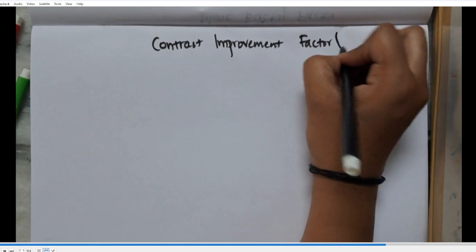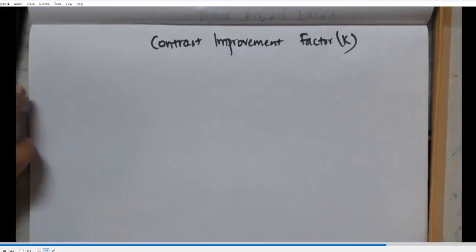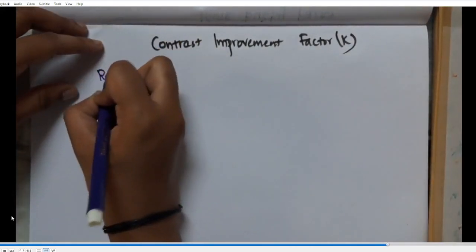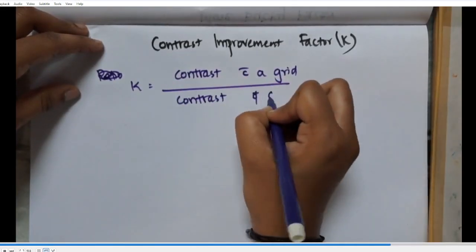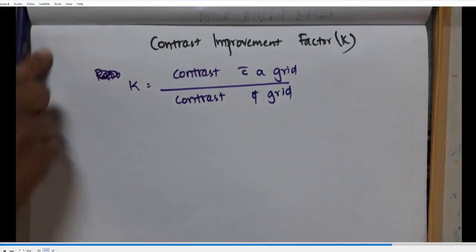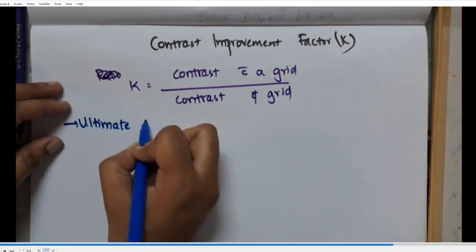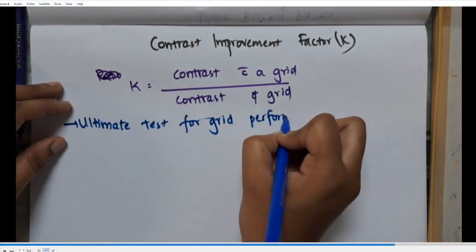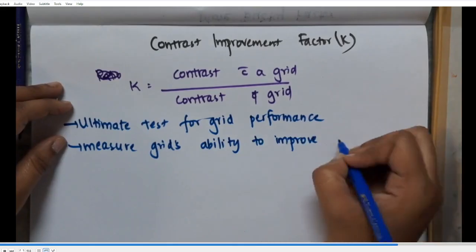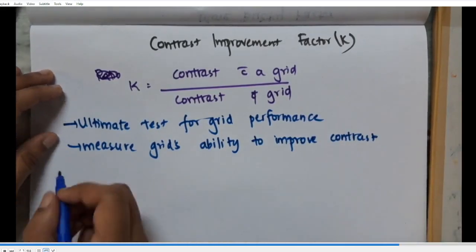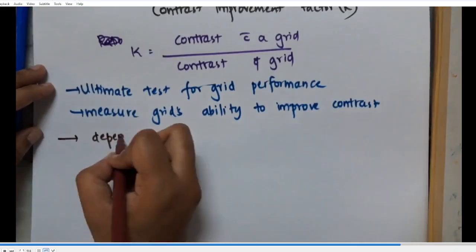The next parameter for evaluating the performance is the contrast improvement factor, given by the letter K. It is the ratio of contrast with a grid divided by contrast without the grid. This is the ultimate test of a grid's performance, because the contrast improvement factor is a measure of the grid's ability to improve the contrast, which is its primary function.